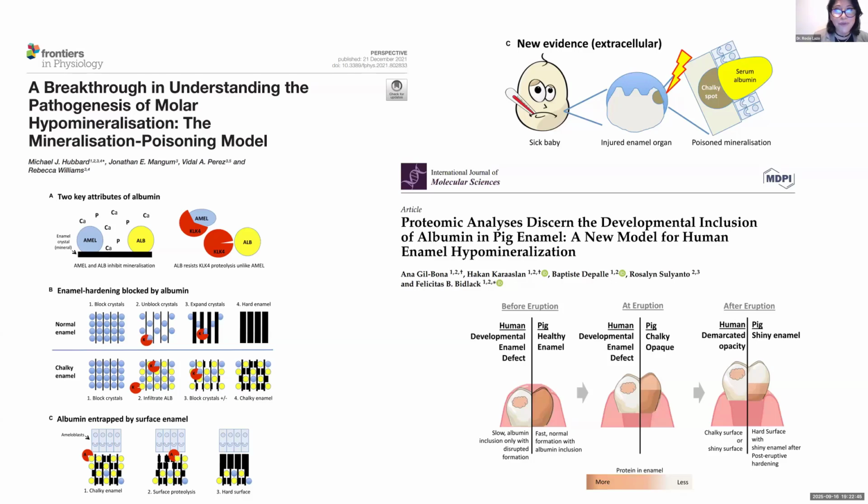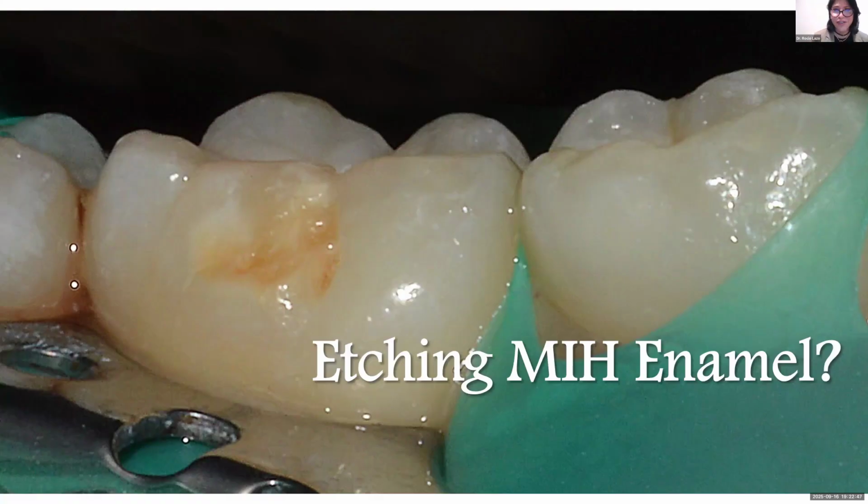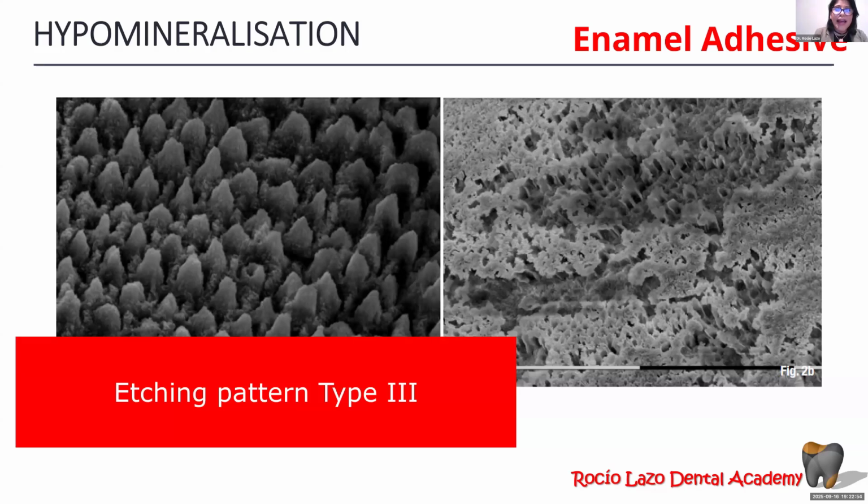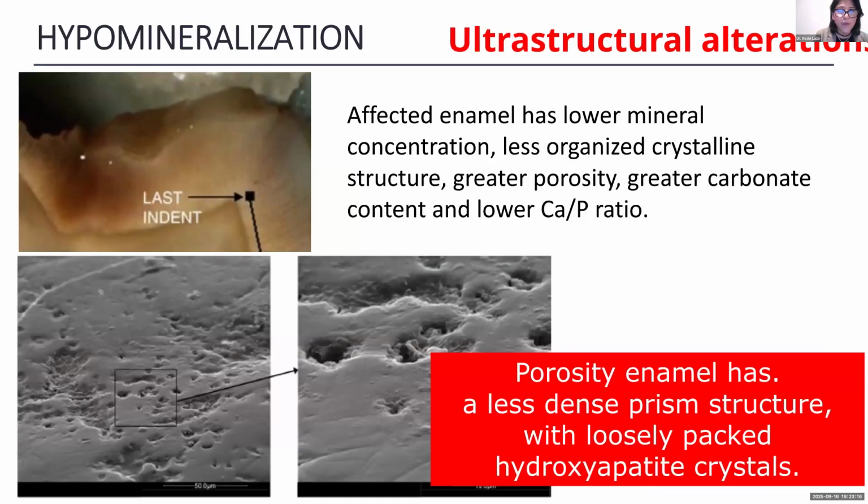And if you want to etch these hypomineralized enamels, instead of having an etching pattern type 1 to open the porosities, you will have an etching pattern type 3. That means it closes the porosity, and that's why you have a lot of failures in your resin restorative treatment.